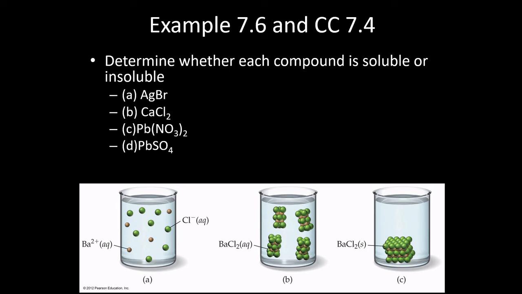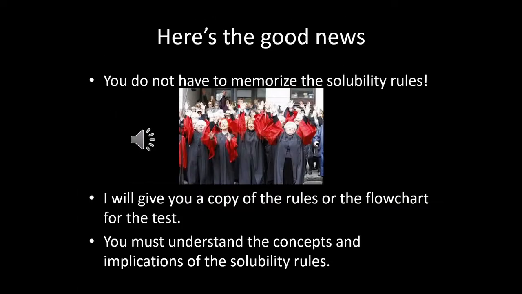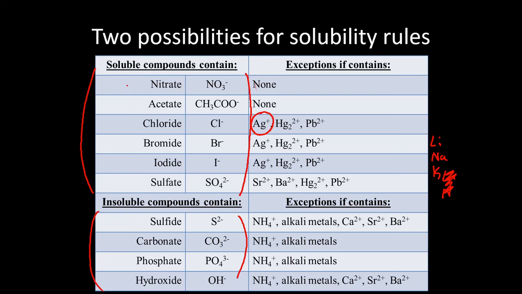So this is asking us to determine whether each of these compounds is soluble or insoluble in water. The first one here is silver bromide. And if we go back to here, bromide is generally soluble.